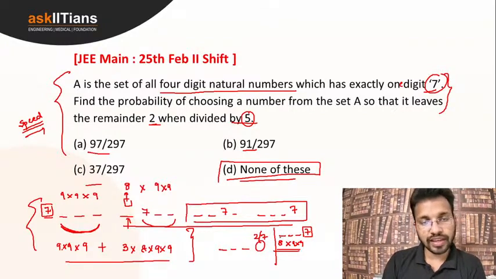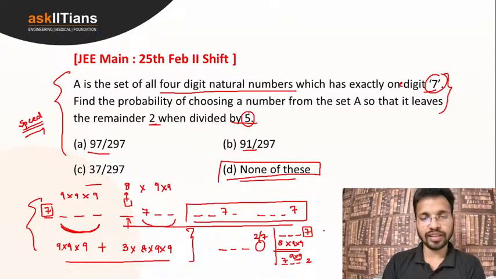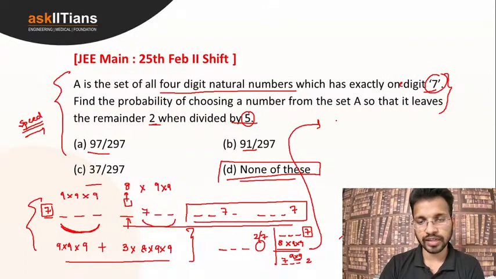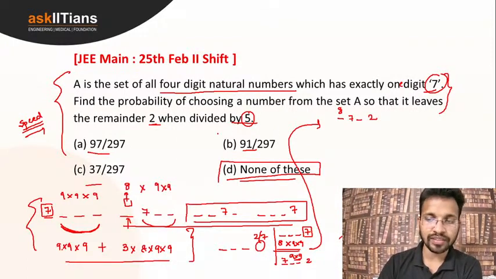Yes. Now the same way, if the last digit is 2, then one of the digits has to be 7. If 7 comes here, what are the possibilities here? 9 into 9. Now if the 7 goes on the second position, then here only 8 digits can come because 0 and 7 both are not allowed, and 9 here.